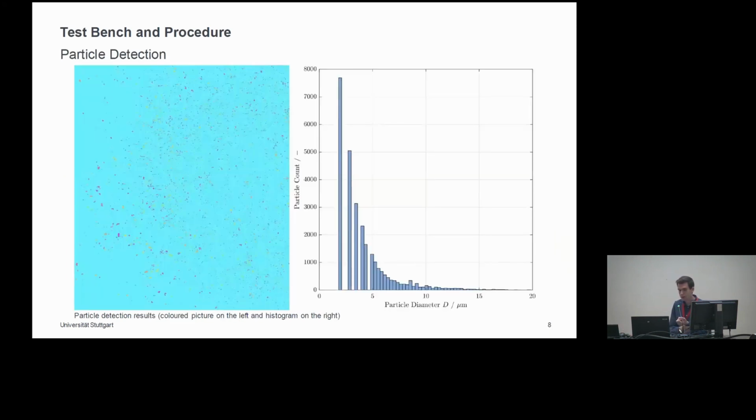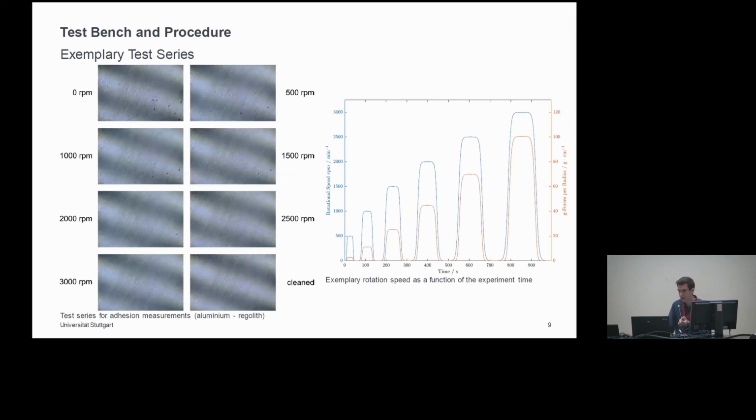Here you can see a sample picture from the results. On the left, every particle is colored in a different color, and on the right, if you count them, you see the histogram. I want to show you an example of the test areas.